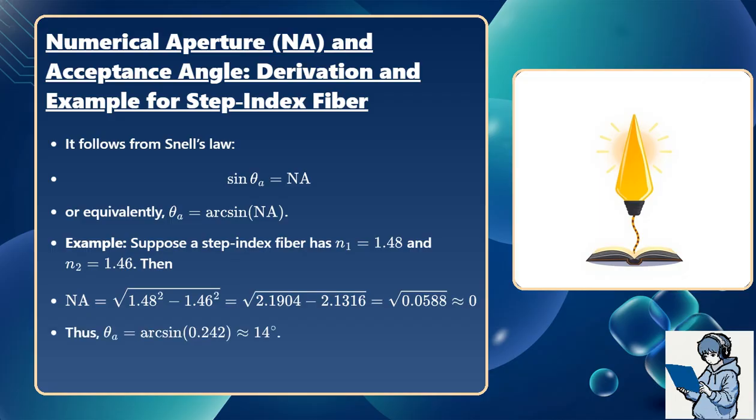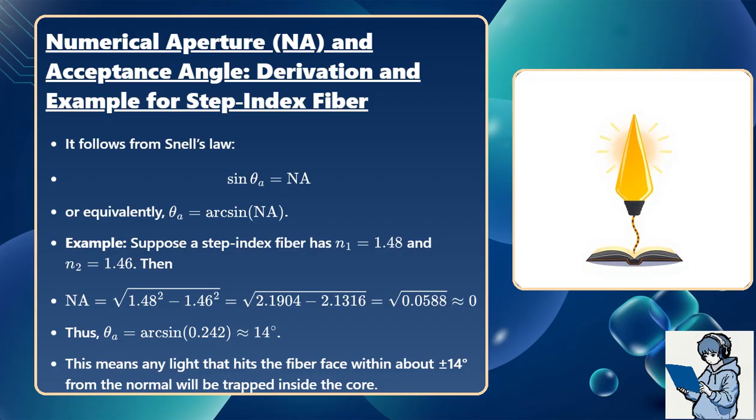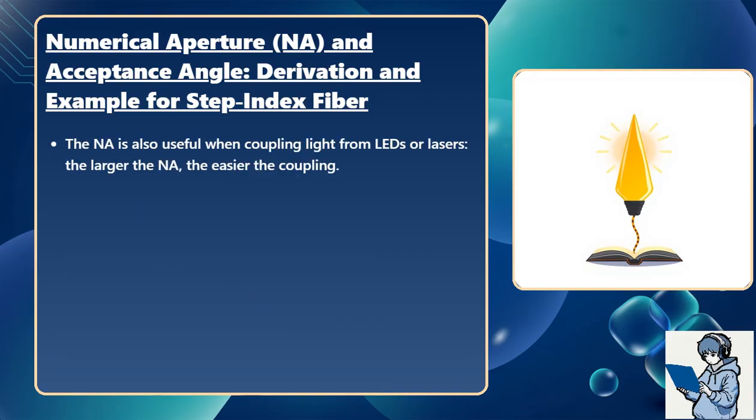Thus θA = arcsin(0.242), approximately 14 degrees. This means any light that hits the fiber face within about ±14 degrees from the normal will be trapped inside the core. The NA is also useful when coupling light from LEDs or lasers. The larger the NA, the easier the coupling.